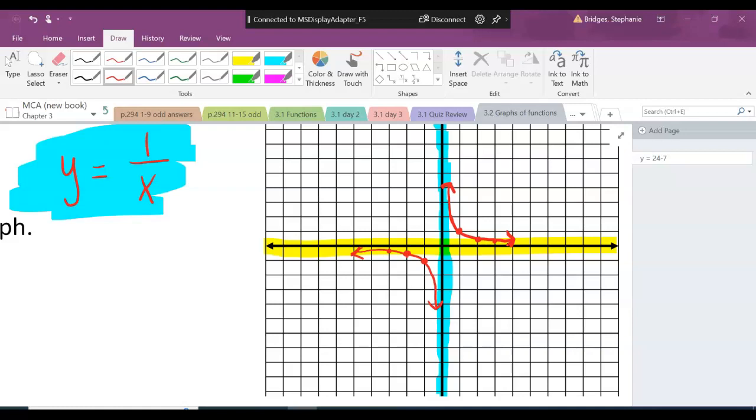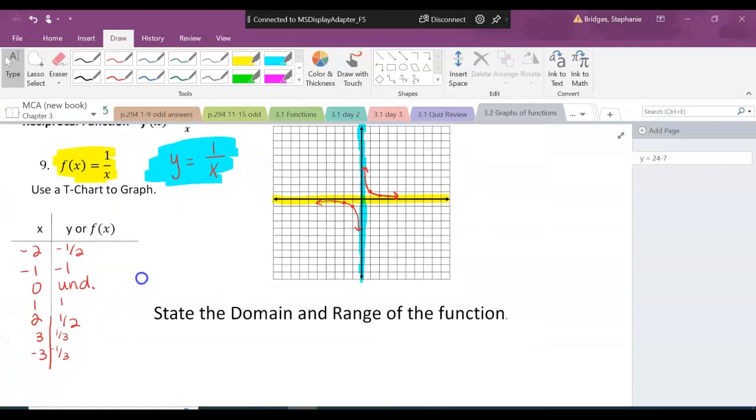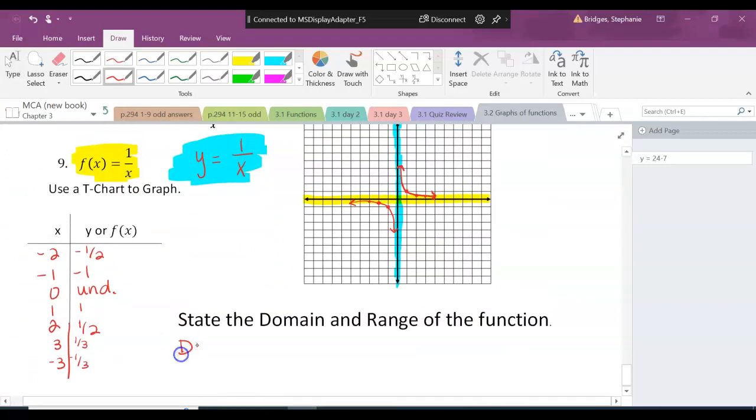And this one, our domain and range, is going to be a little trickier. Start with your domain. Left side. I'm going to go as far left as I can, right? So what would that be? Negative infinity. And then I go up to, what can I not touch? 0. So the first part of my domain is going to be from negative infinity to 0.